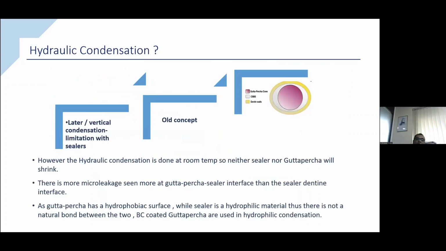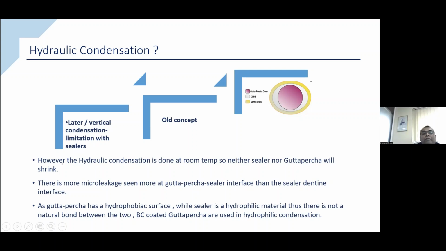Now, why a hydraulic condensation? Initially, lateral and vertical condensation had various limitations, as we discussed, because of the sealers. That was an old condensation technique or old concept. Today we have what is known as a sealer-based obturation technique.